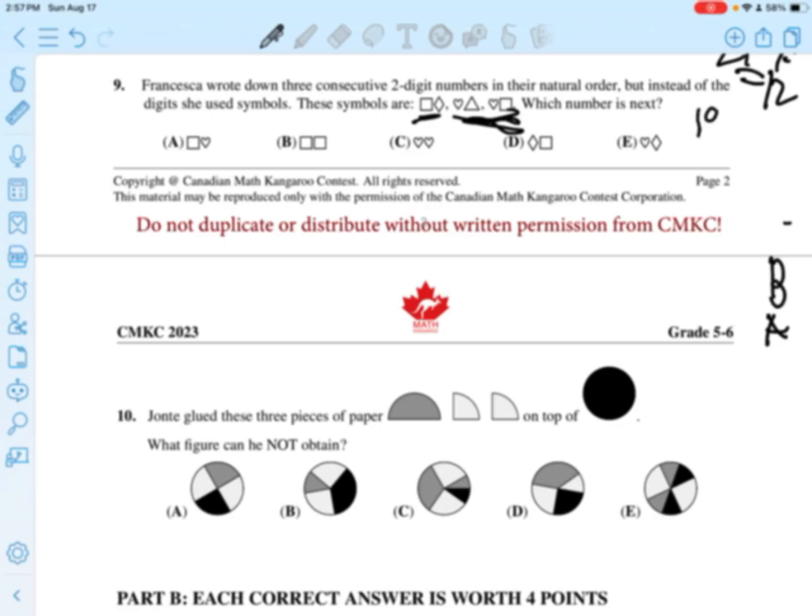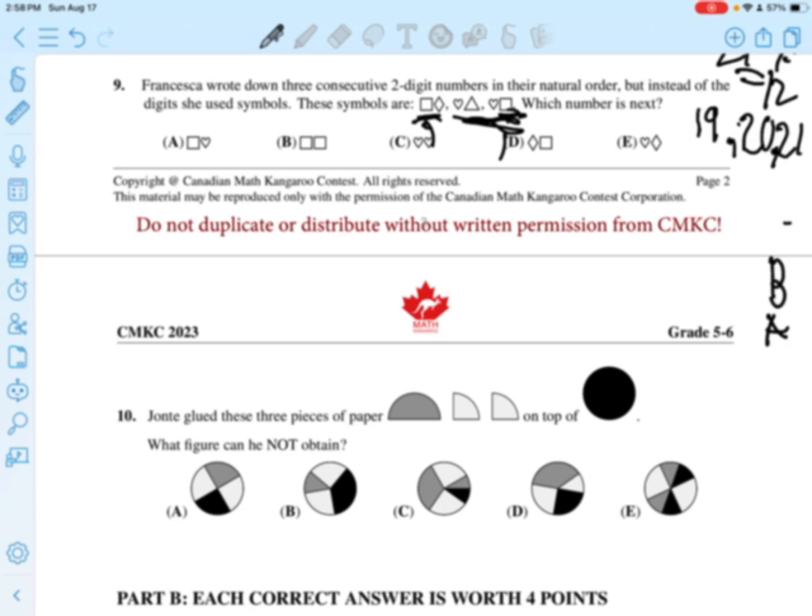So the square and diamond are 19, and then it would make sense if the heart and triangle would be a 20, and the heart and the square would be 21, because this square, as I said, is 1, and the same shape should be the same value, and so that means that this square is also 1.